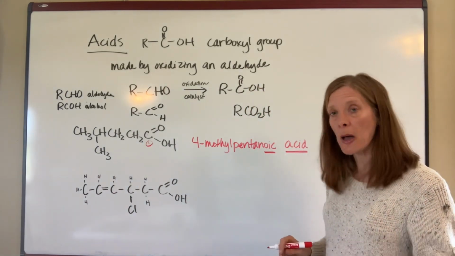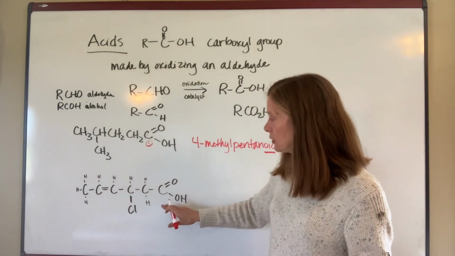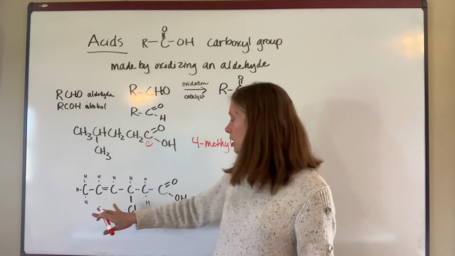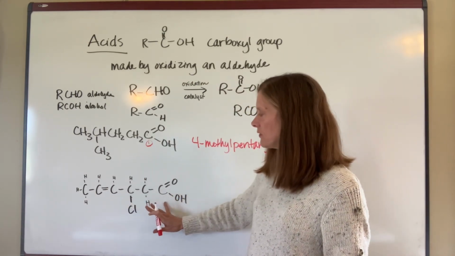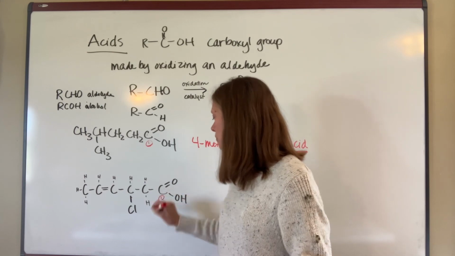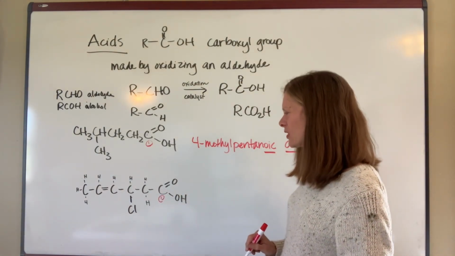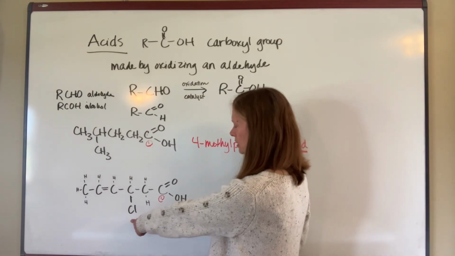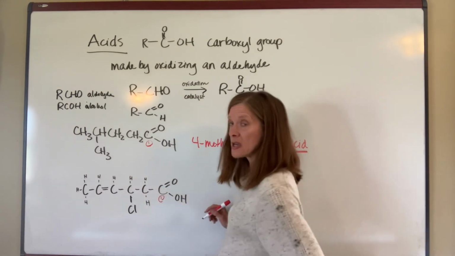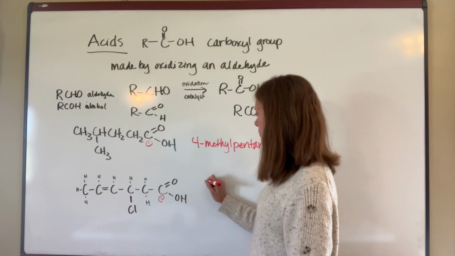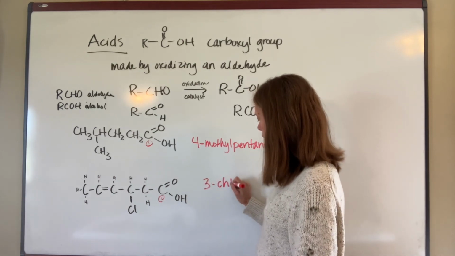It is also possible that you can have a multiple bond in here. And so again, you've got to give this acid the lowest possible number. So that's going to be number 1. If I look here, I have a chlorine coming off of the number 3 carbon. So this would be 3-chloro.